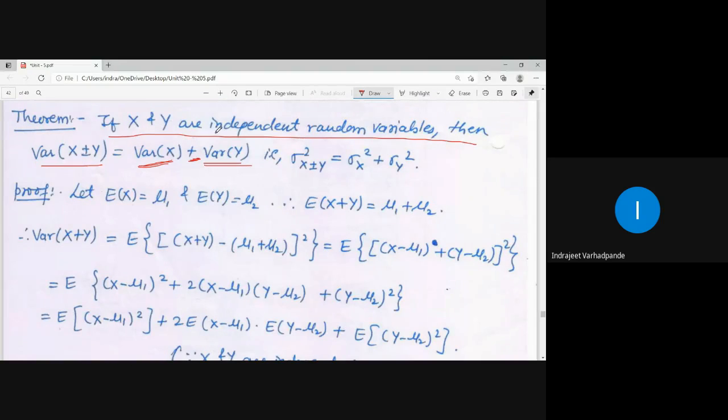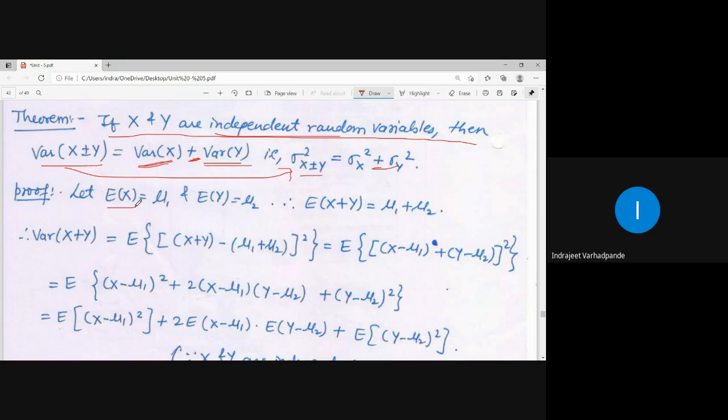This is possible only when they are independent. What happens in independent random variables? Expectation of xy is expectation of x into expectation of y. Therefore, symbolically, if we want to write: sigma square of x plus minus y is sigma x square plus sigma y square.